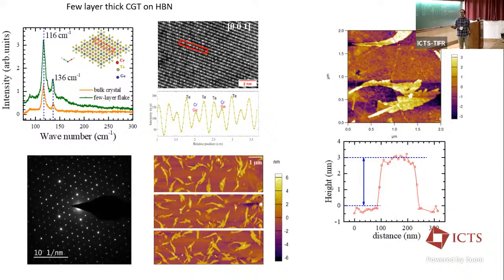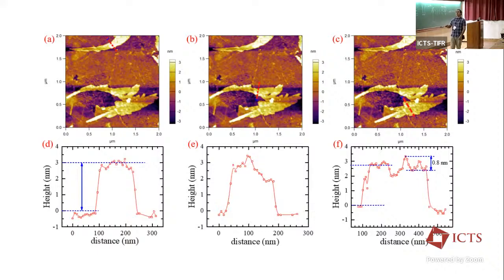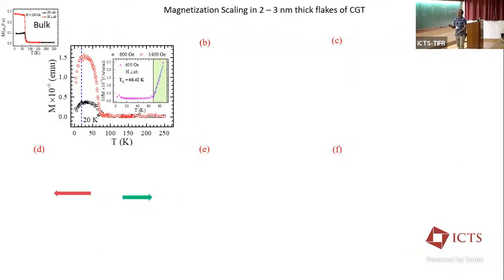So we have a uniform distribution of bilayers of CGT that we have generated on HBN, and this is the distribution.